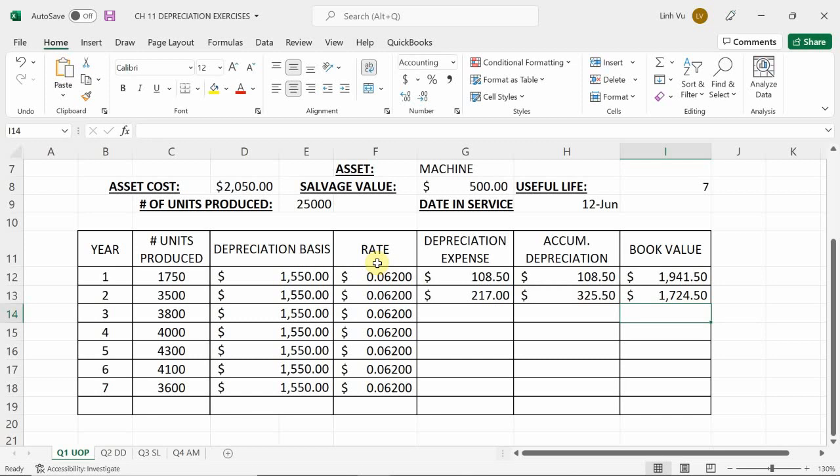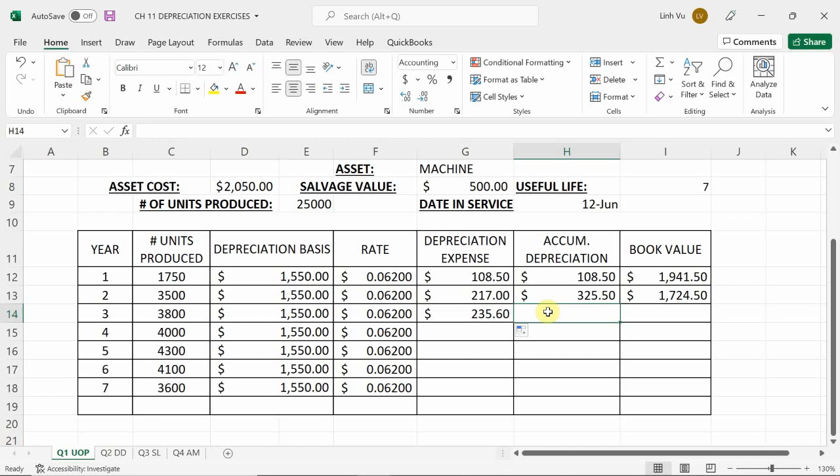Now we need to do the next one, the third one. It's 3800 by the rate. The rate is 0.06200. 3800 by 0.06200. I got 235.6.